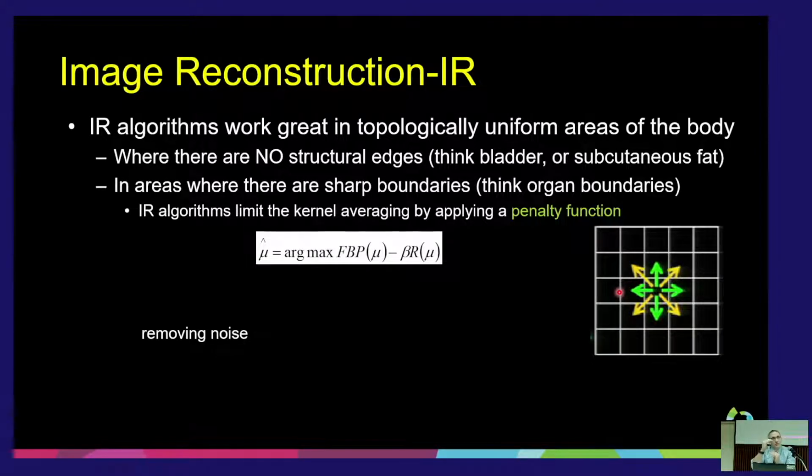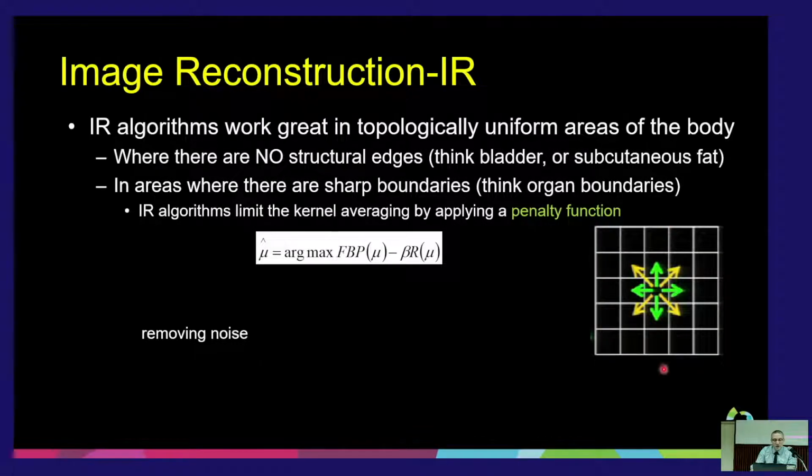I want to remove that variability by averaging all those 9 pixels and putting that value back into this single one. Then we move to the next one and look at its neighbors, and the next one, et cetera. You can imagine this process works really well if it's nice and uniform. If we were looking in the bladder and it was nothing but liquid, you could clean up all the variability from the noise very simply.